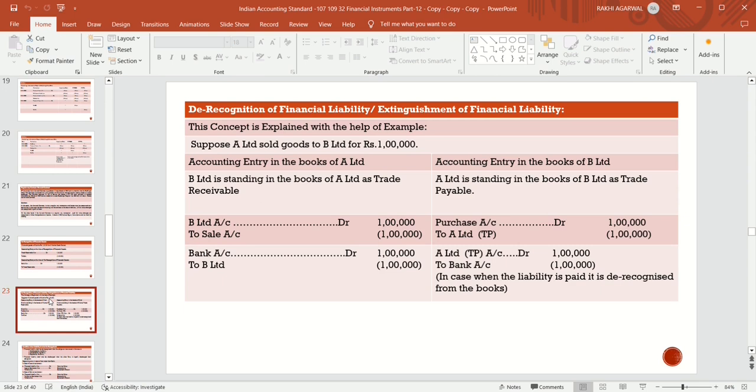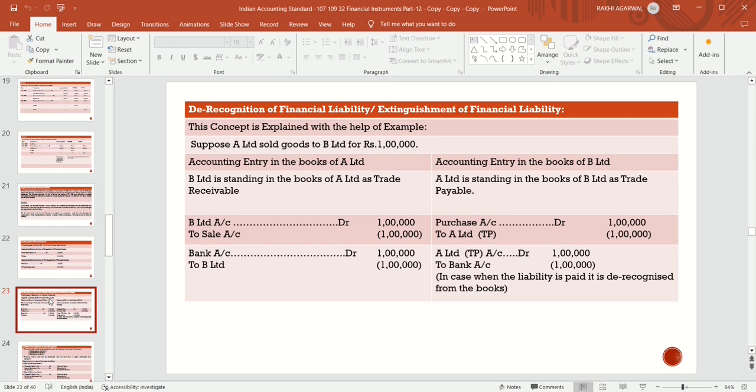And in the books of B Limited, A Limited is trade payable. That is, in the books of B Limited, A Limited is a creditor, and in the books of A Limited, B Limited is a debtor. Now the accounting entry in the books of A Limited: B Limited account, that is debtor account, debit by 1 lakh.